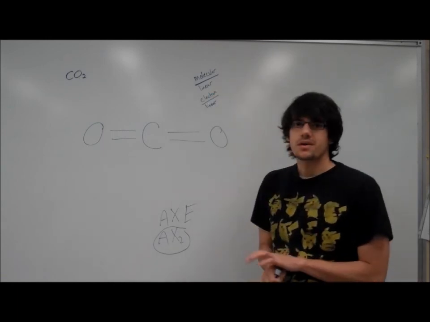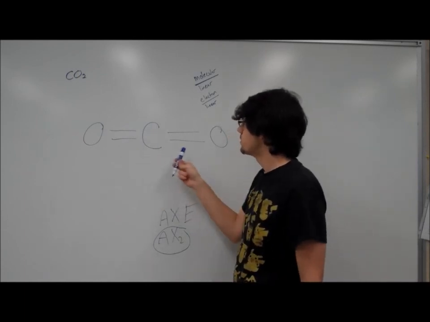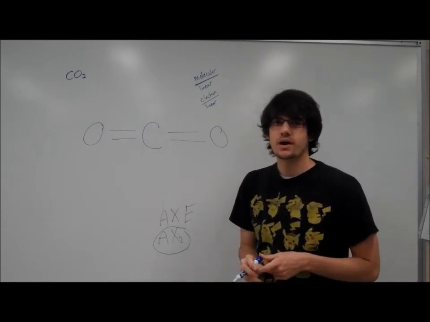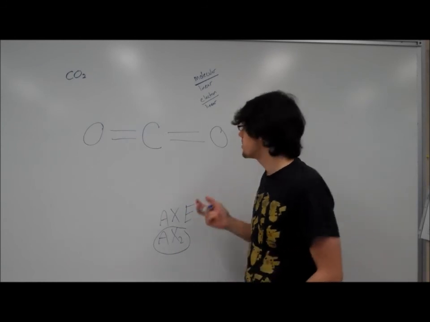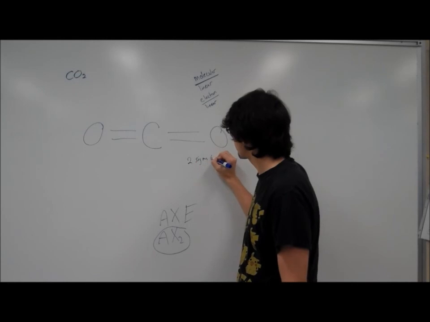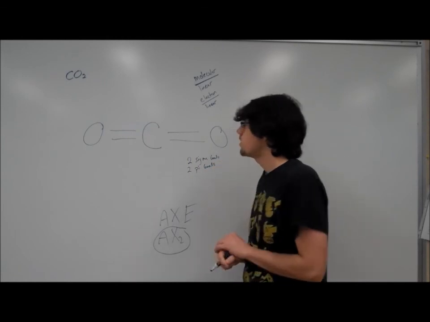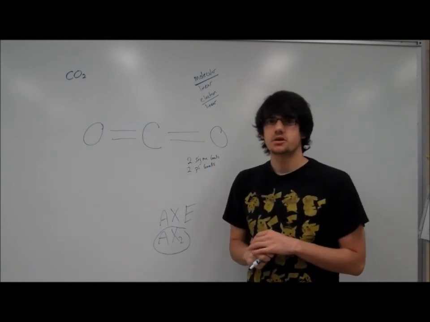Now we can determine the amount of sigma and pi bonds we have. Of course, we have 2 double bonds, which means we'll have 2 sigma bonds and 2 pi bonds. That's all there is to carbon dioxide.